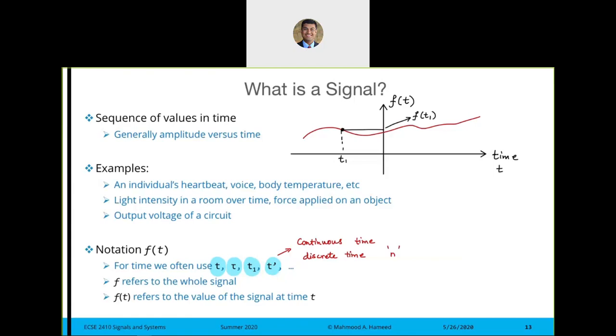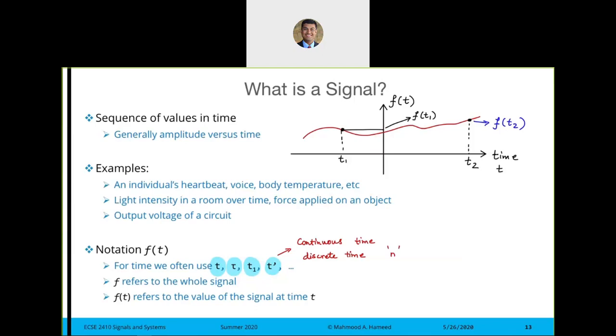At some other time, t2, what is the value? f of t2, and so on, right? And it is continuous, as you can clearly see. Every time value has a corresponding signal amplitude value.